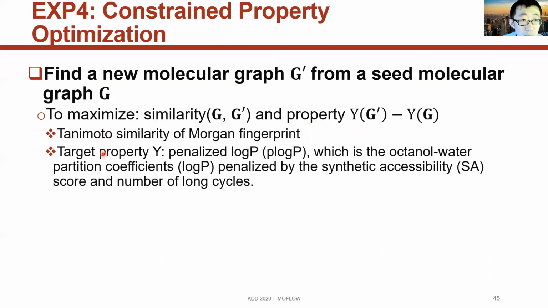Here we use the Tanimoto similarity of Morgan fingerprints to measure molecular graph similarity. For the target property, we use a comprehensive one named penalized log P, which is the octanol-water partition coefficient log P, penalized by the synthetic accessibility SA score and the number of long cycles.